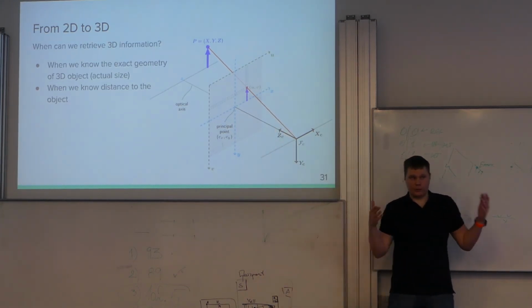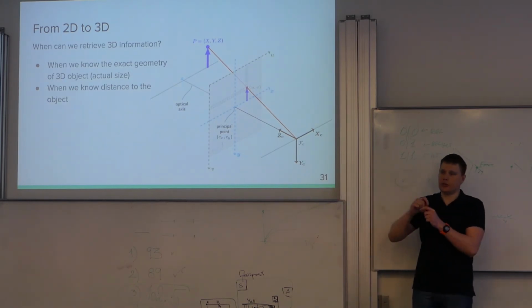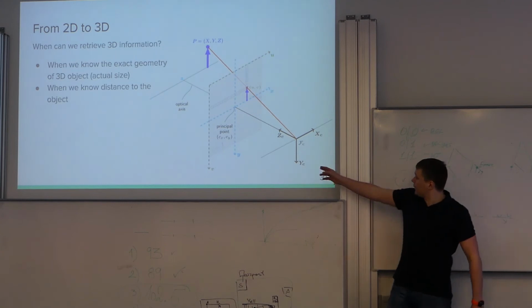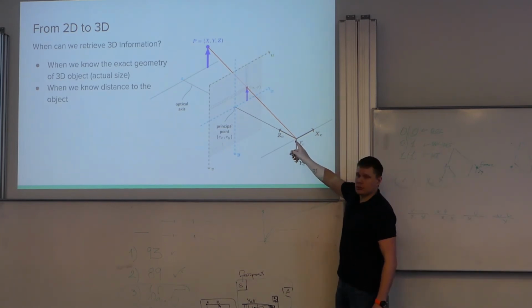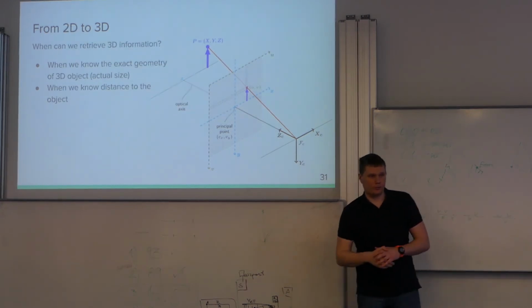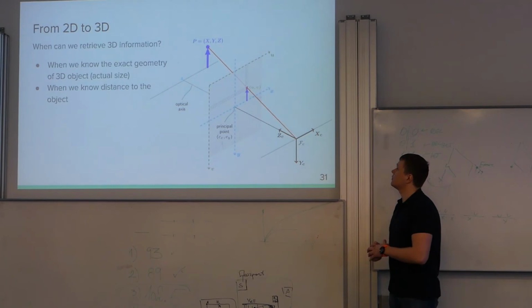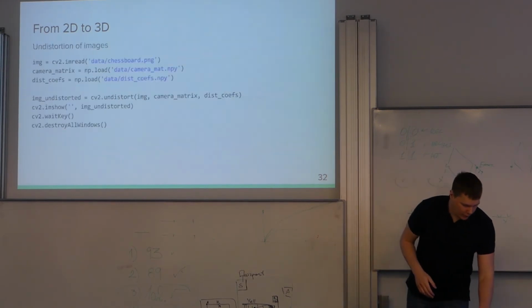And actually, that's all the information. We don't have actual 3D information. We only know the ray from the camera coordinate system to the point on the image. And OpenCV has functionality to restore this ray.